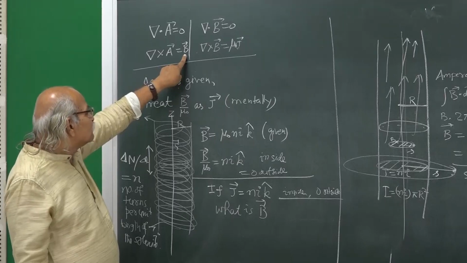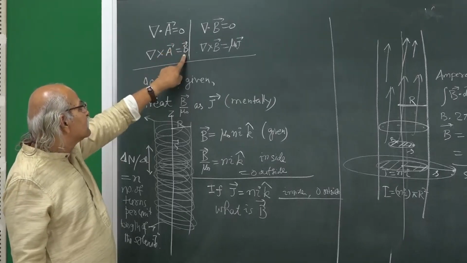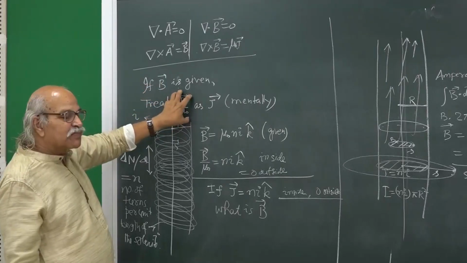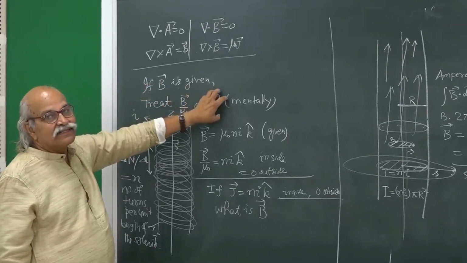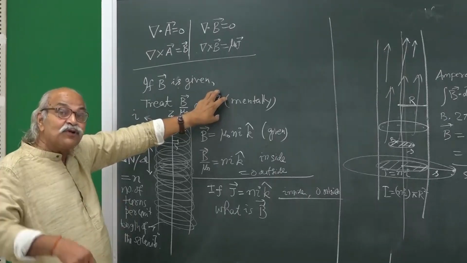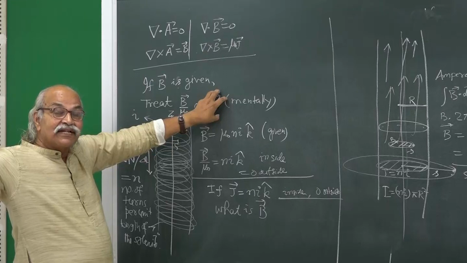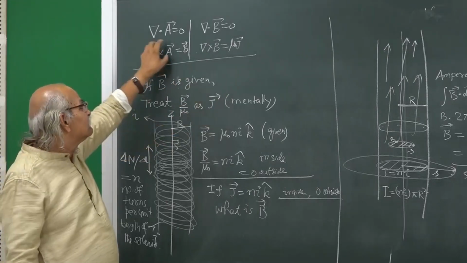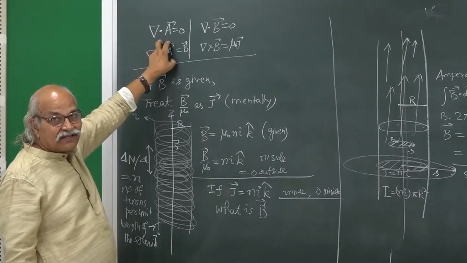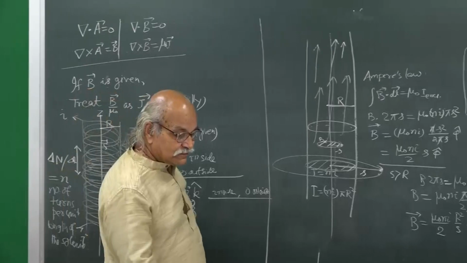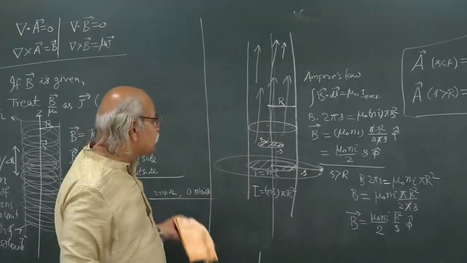You assume that the given magnetic field divided by mu naught is an expression for a current density in that region. If that is the current density, what would be the corresponding magnetic field? Write the expression for that, and that expression will actually give you the expression for A. So, that is how we handle magnetic vector potentials.